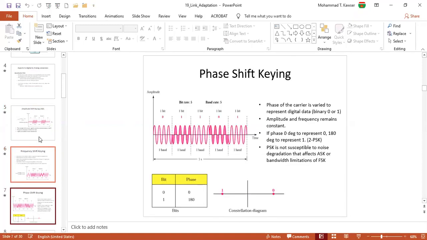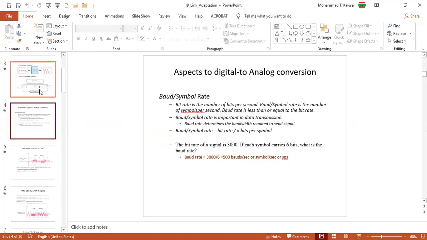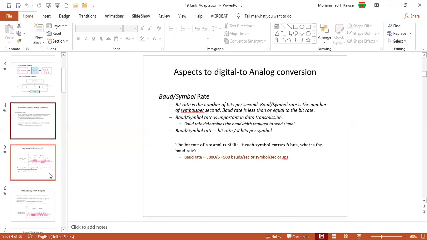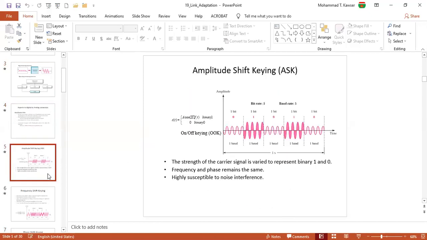So you have zeros and ones, and they have to be converted. You basically have four options here: ASK, FSK, PSK, or QAM. QAM is a combination of ASK and PSK. Okay, so that's modulation.